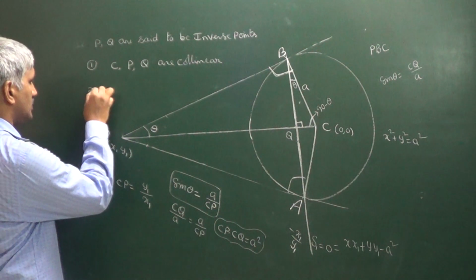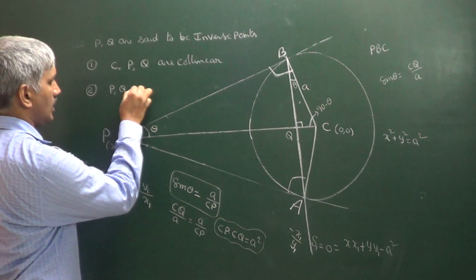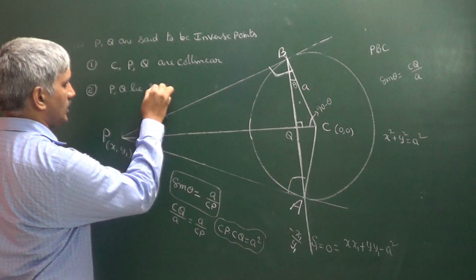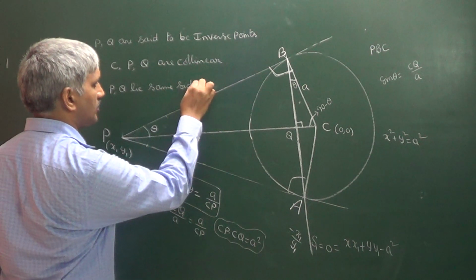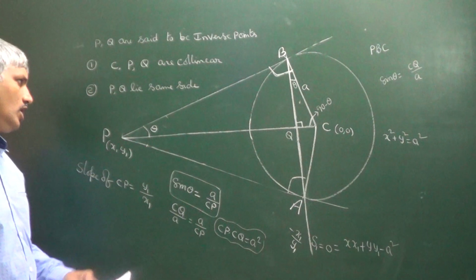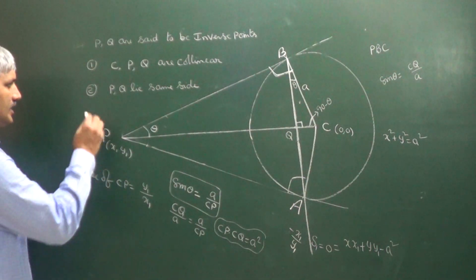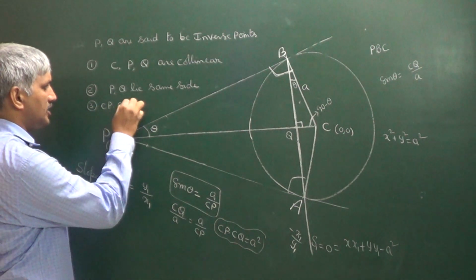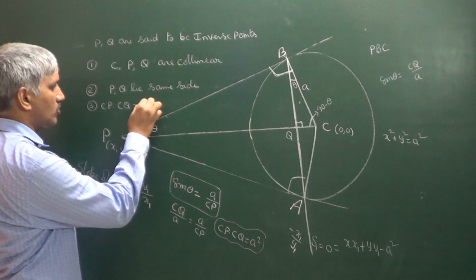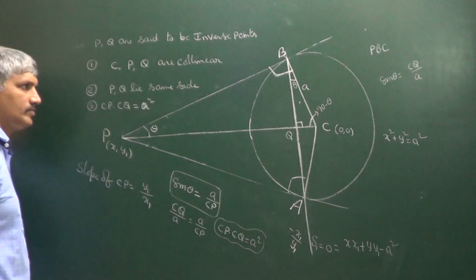The second point is P comma Q lie on the same side of the center. Yes, you can observe in the diagram, P comma Q are on the same side of the center. And the third point is CP into CQ must be equal to R square, that is the radius of the circle, here A square.